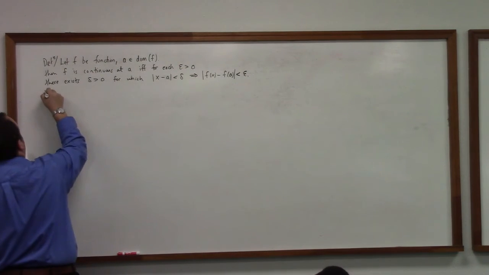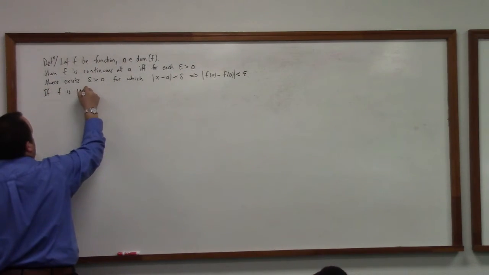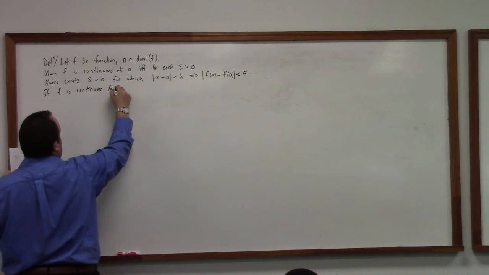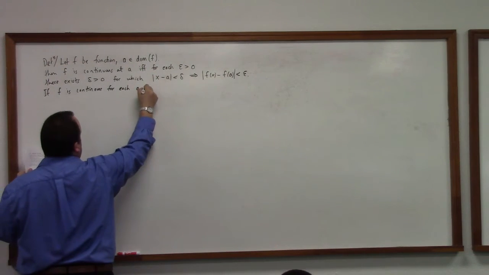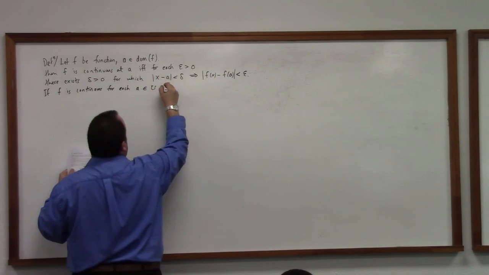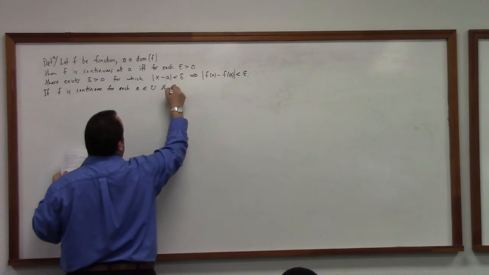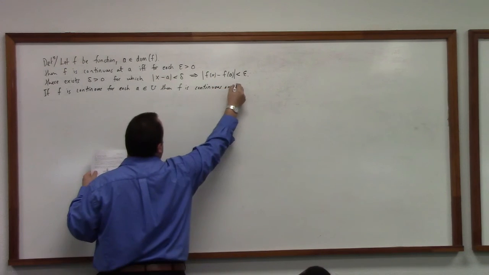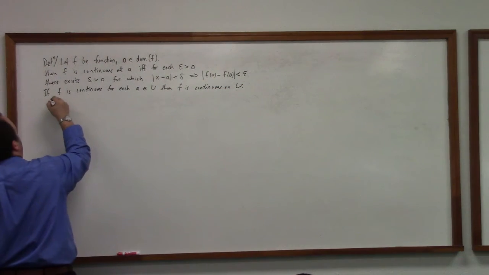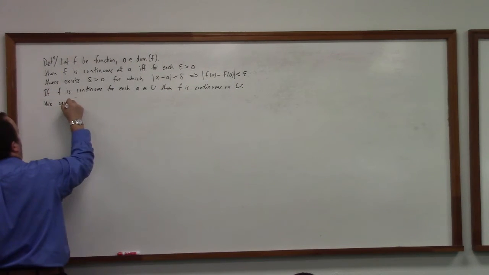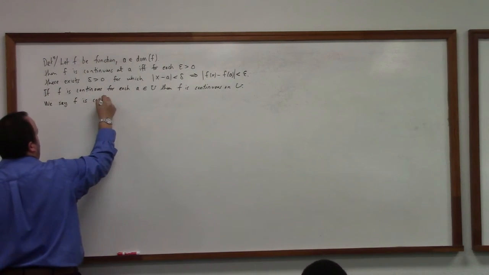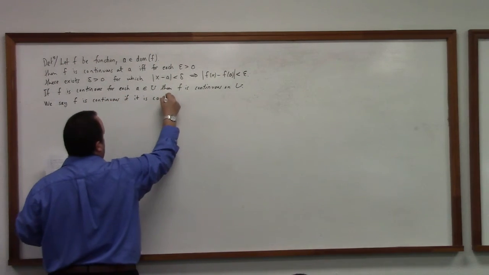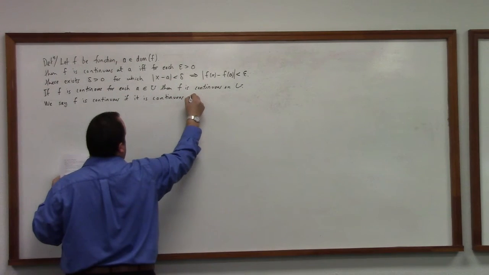If f is continuous for each a in U, then f is continuous on U, and then we say f is continuous if it is continuous on the domain of f.